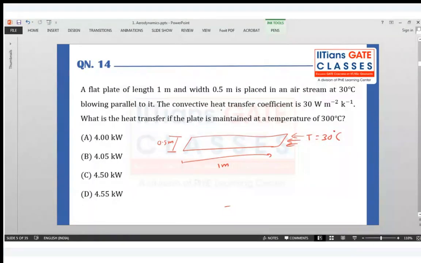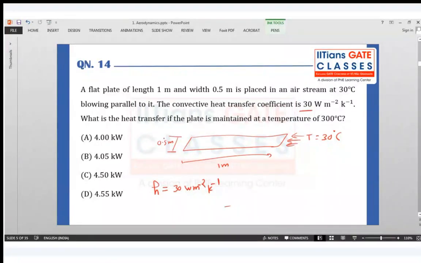30 degrees Celsius. The convective heat transfer coefficient is h. I hope you are familiar with basic heat transfer; if not, kindly revise basic conduction, convection and radiation. Just basic BTech stuff, nothing too complicated. The unit is watt per meter square per Kelvin.